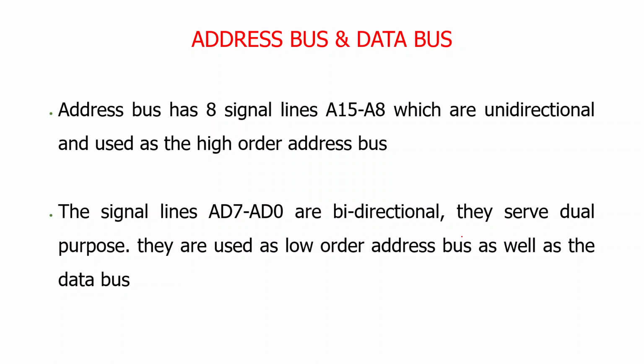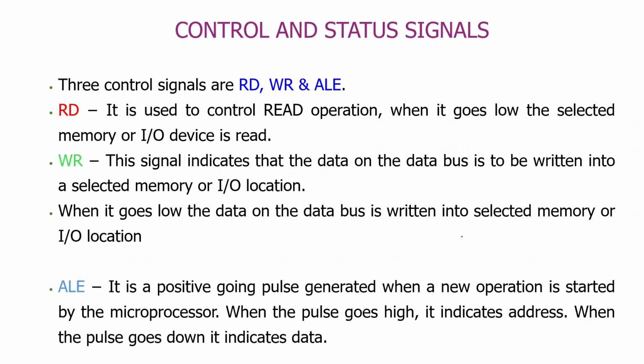Address bus: 8085 has a 16-bit address, and A15 to A8 are unidirectional, but AD0 to AD7 are bidirectional. So the address latch enable pin will tell whether the AD0 to AD7 pins are representing either address or data.